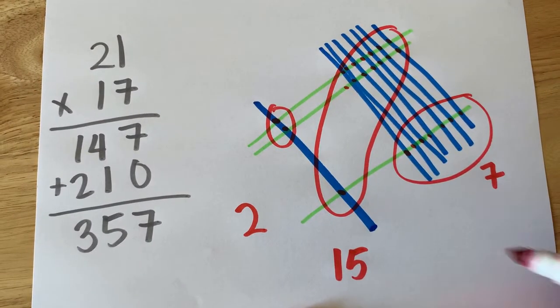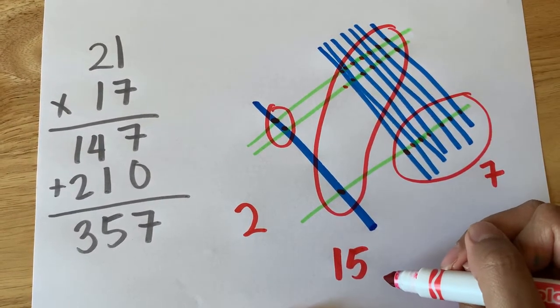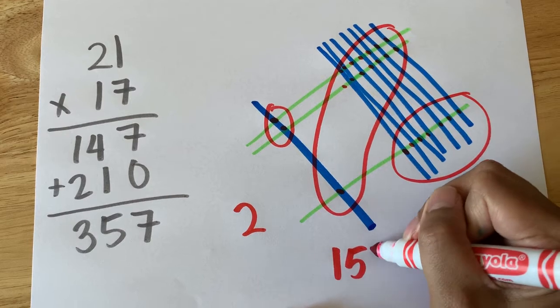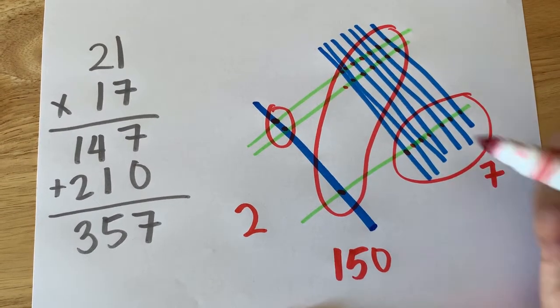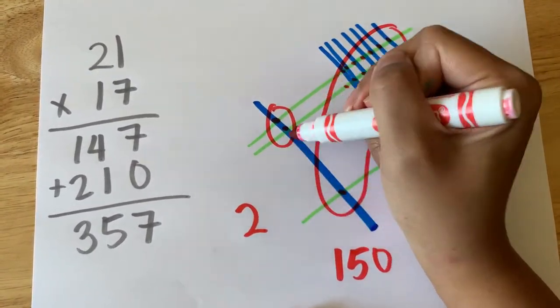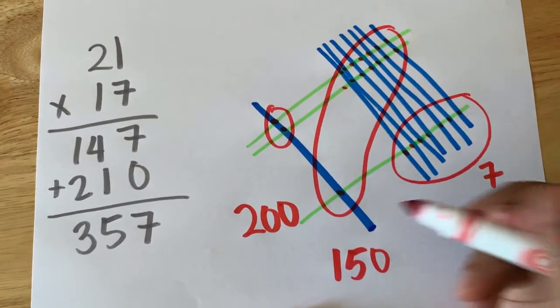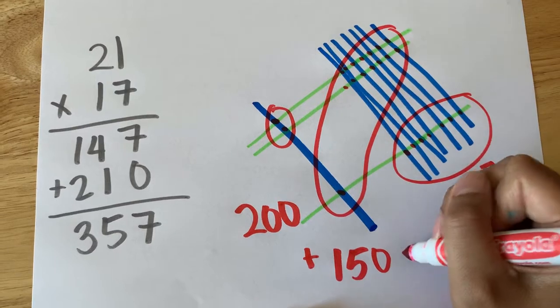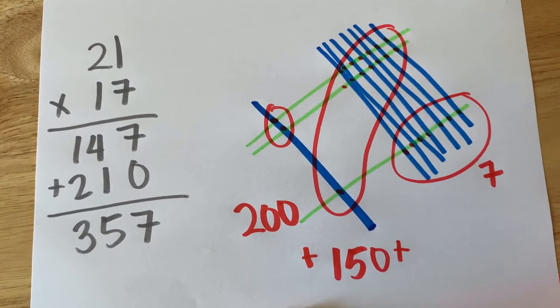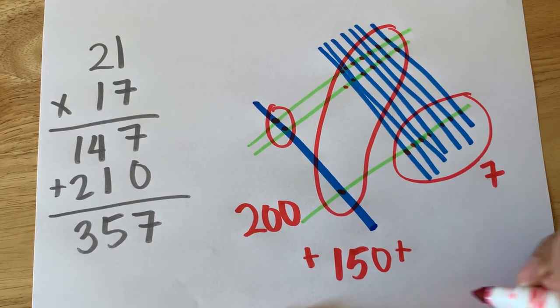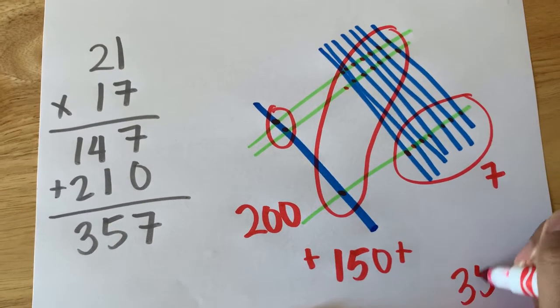Okay, so again, remembering that our middle group is actually our tens place. Multiplying 15 by 10 is 150. And now multiplying 2 by 100, because this last group equals 100, 200 plus 150 plus 7 equals, you guessed it, 357.